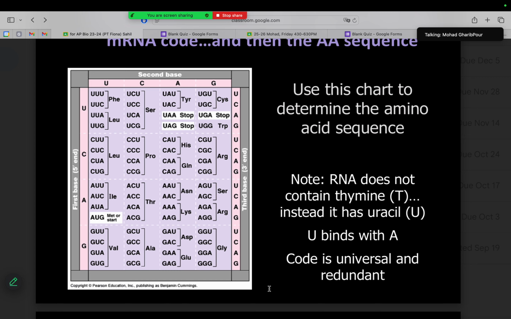And what does it mean if a code is redundant? Redundancy means that multiple codons will code for the same amino acid. So for example, this one is a good example, arginine. We have 4 codons that code for arginine. If you look closely, these are not random codes that code for arginine.